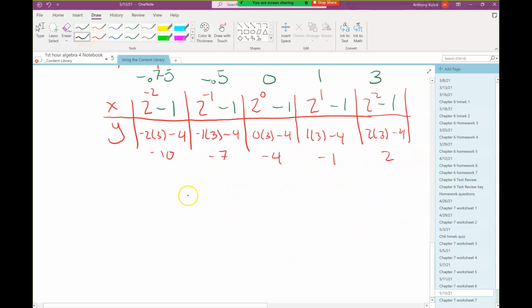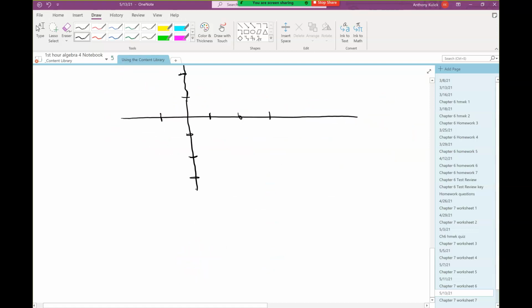All right, so let's draw our picture then. So I need 3. Next direction, I need to go 4, 5, 6, 7, 8, 9, 10.